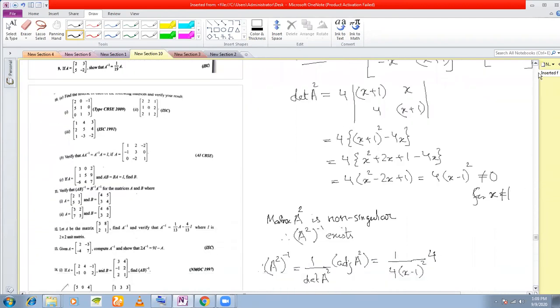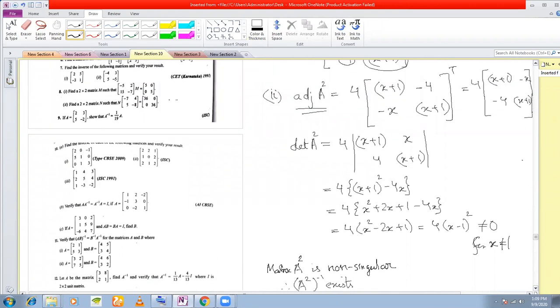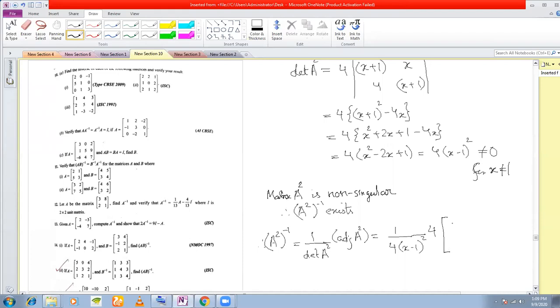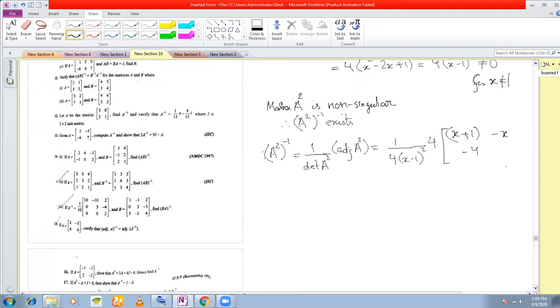The matrix is x plus 1, minus x, minus 4, x plus 1. This is the inverse. What you do is you cancel these two fours.